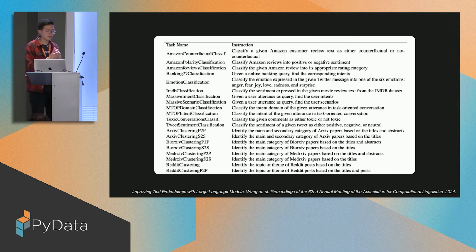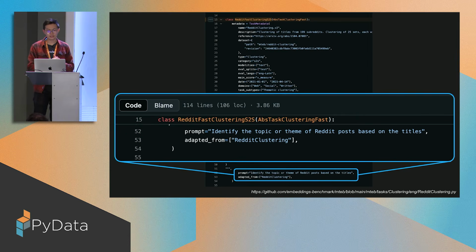And this can quickly become a bit more tailored to the task, like what we saw before, tailoring to specific domain papers or posts or a given web search query. So we need to keep track of these as well. And so how MTEB does that is with task-specific prompts. They are stored along with the rest of the task metadata. So along with what the main metric is, what language this data set is, we also have a particular prompt for that.